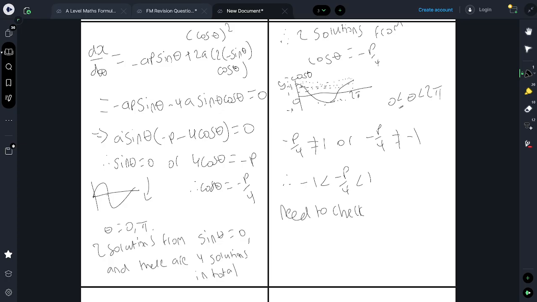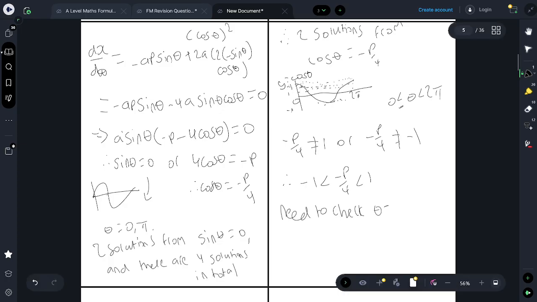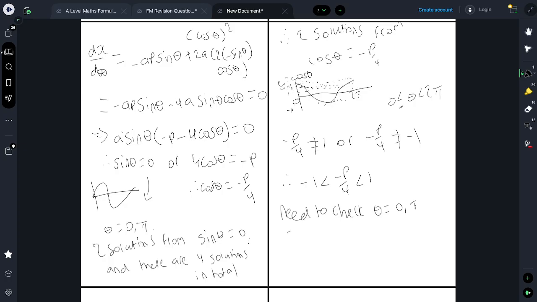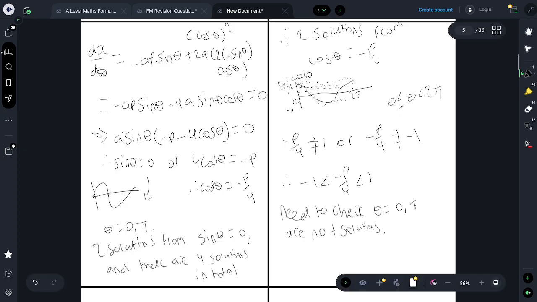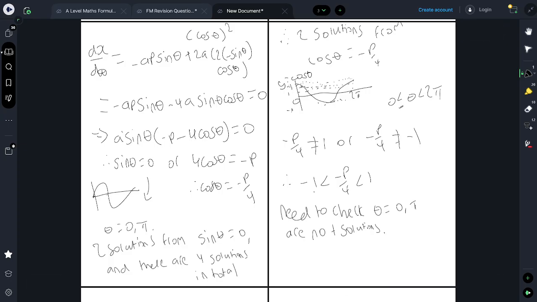Well, the easiest way to check that is we need to check that theta 0 and pi are not solutions. Because if they are, then actually we have an overlapping solution. So that means we only have 3 or 2. We need 4. So the two solutions have to be distinct from the sine ones. Okay, so the angles. So check.